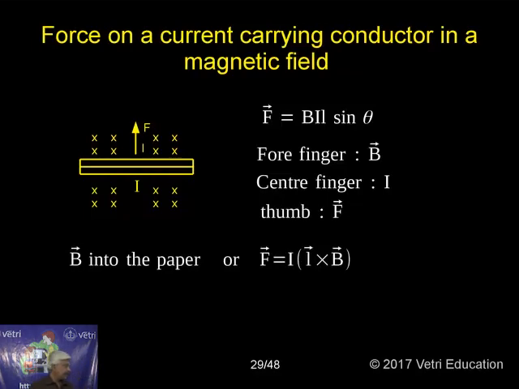B is into the paper, like that. So F is equal to I into L cross B, that is BIL sin theta. L vector, B vector, I is not a vector, so F equals I into L cross B.